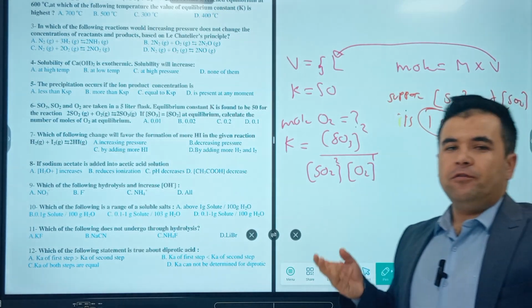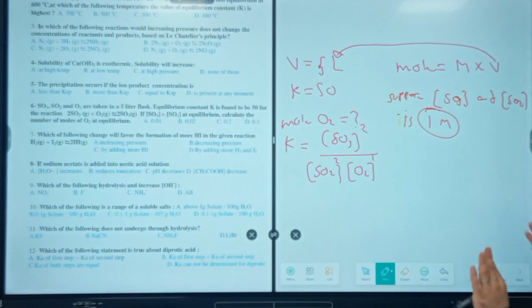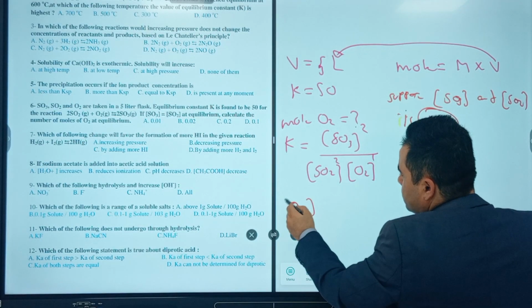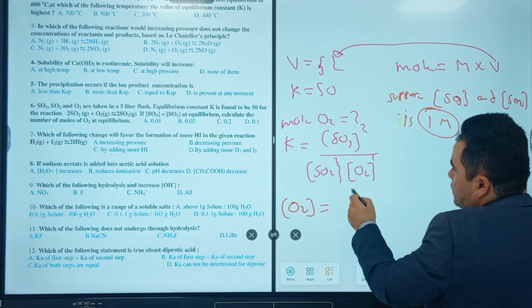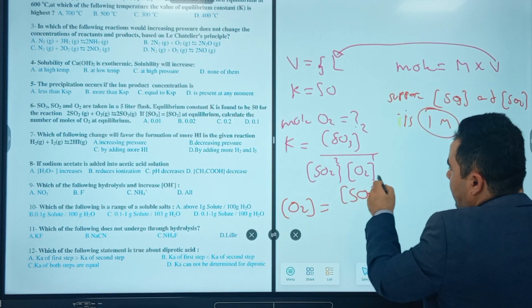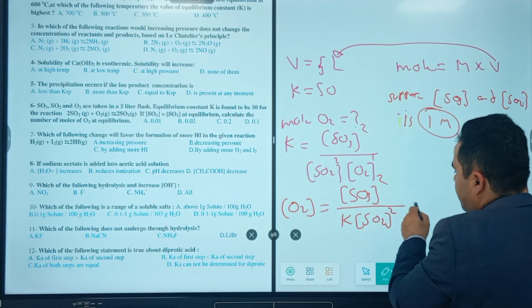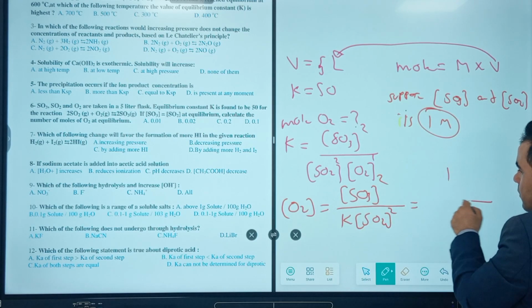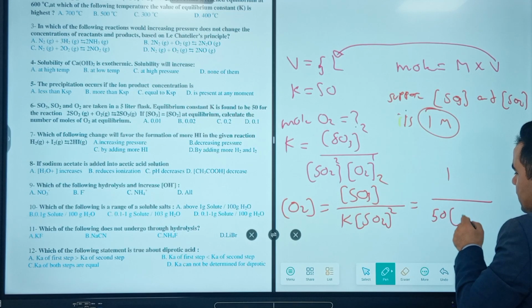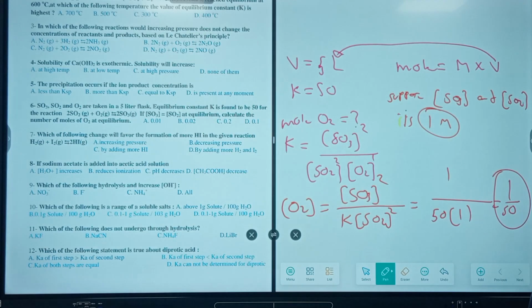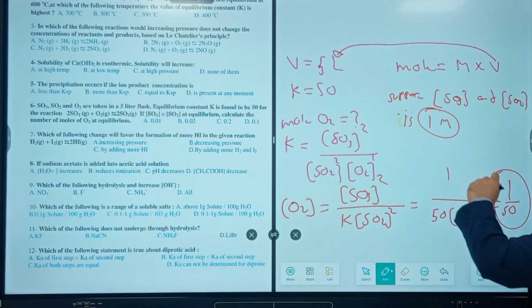You can say half, you can say 2, 3, any number, but it should be equal. The concentration of oxygen equals the concentration of SO3 squared over K multiplied by SO2 squared. That is 1 over 50 multiplied by 1, so 1 over 50. This is the concentration of the oxygen.